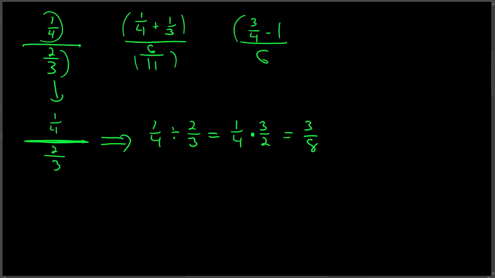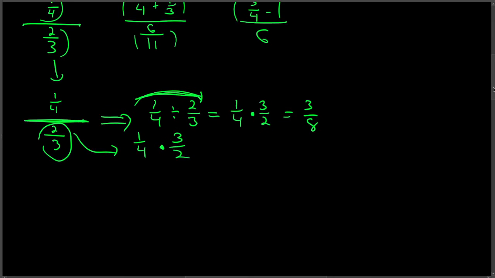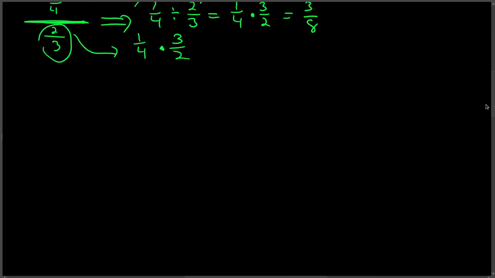Now a lot of times, because I call this division in my head, I usually jump to the first step of saying 1/4 times the reciprocal of this, 3/2. So I usually skip writing this step. Sometimes if any of you ask me a question in email and I draw out a little video, you'll see that step being skipped. But what you should say to yourself is the division, and say the division sign.